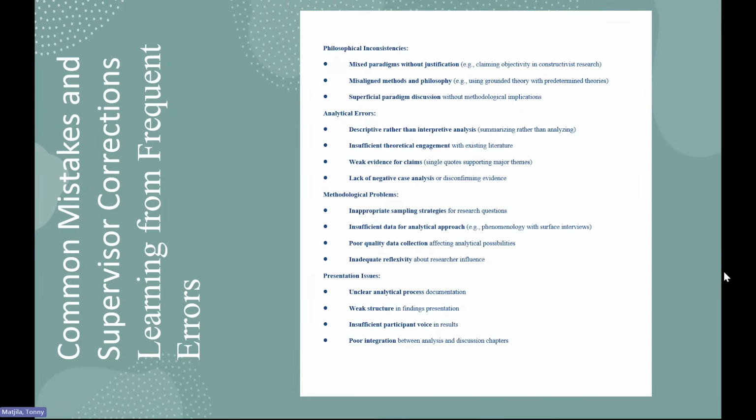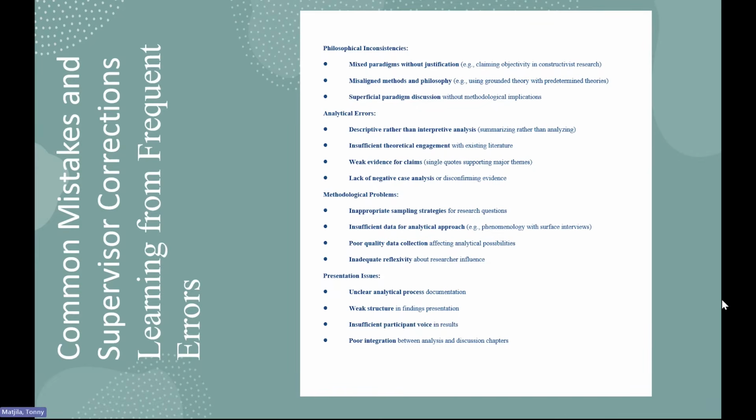Philosophical inconsistencies are frequent. Students sometimes will claim constructivist approaches while seeking objective truth. So make sure everything is aligned. Or they use grounded theory while testing predetermined hypotheses. Supervisors will see those things and they will return your work.